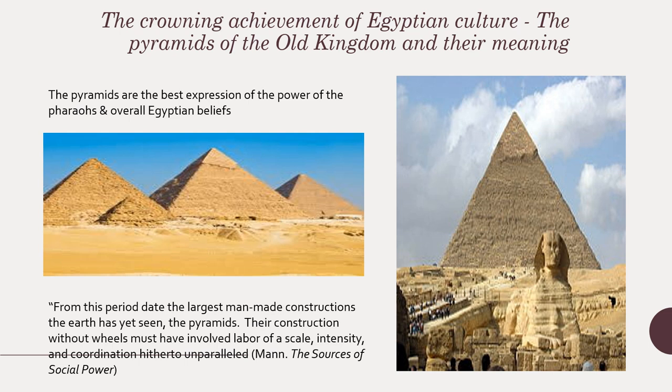Michael Mann, again, quoting him one more time, "From this period date the largest man-made constructions the earth has yet seen, the pyramids. Their construction, without wheels, must have involved labor of a scale, intensity, and coordination hitherto unparalleled."